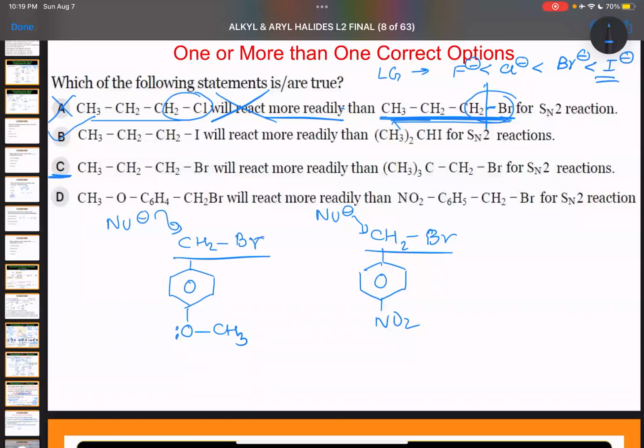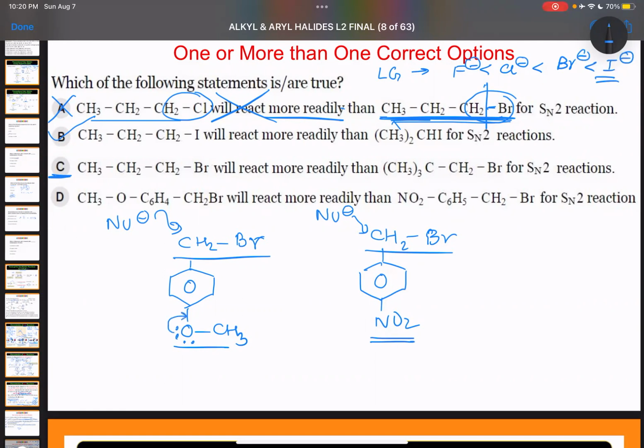So it may appear that these groups may not be affecting the rate of SN2. But this is not true. These groups will affect the rate of SN2. And how will they affect the rate of SN2?